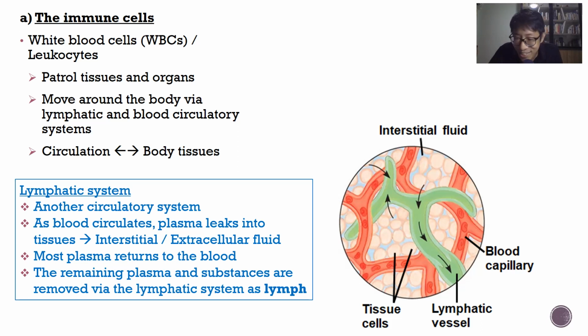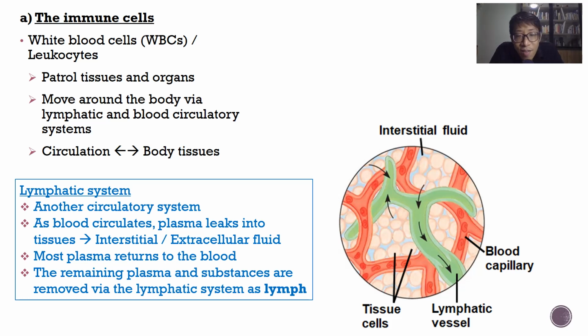For the immune cells, they would be circulating the body in either of the two circulatory systems, and they would be able to leave the circulatory system to enter the tissues of the body, or the organs, to protect the tissues and organs, to detect any presence of pathogens in the tissues.